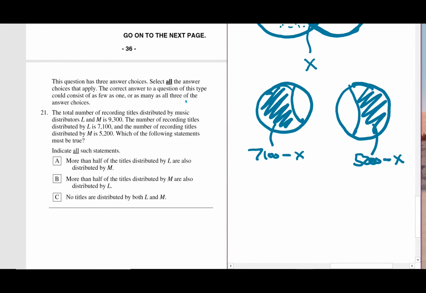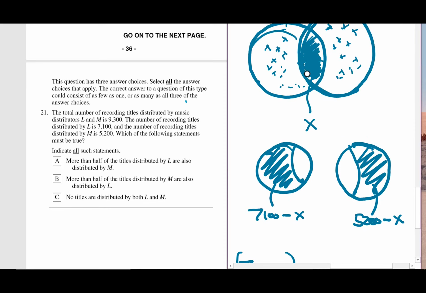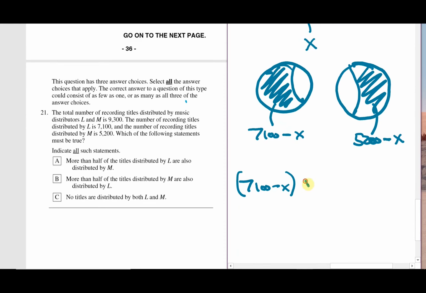Okay. Now we're going to add x at the end. So we know that 7100 minus x, plus x, plus the center, plus 5200 minus x, and we set this equal to 9300.